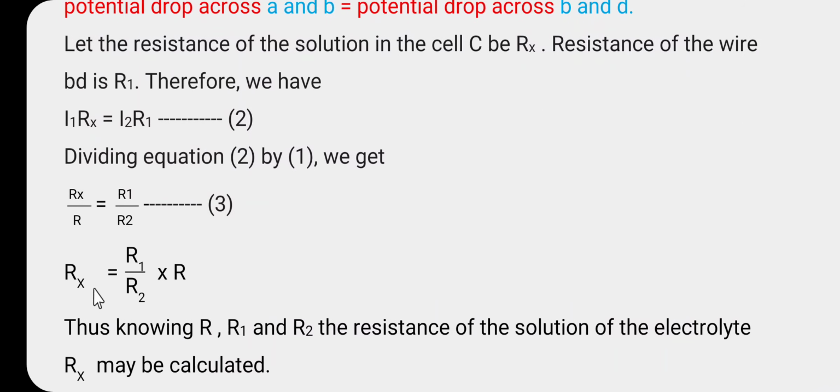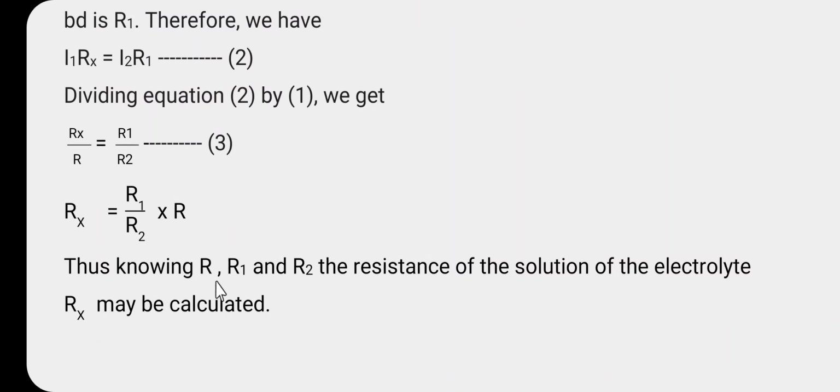From this equation we can write Rx is equal to R1 upon R2 into R. So just by knowing R1, R2 and R, the resistance of the electrolyte solution Rx may be calculated. Rx is the resistance of the unknown solution.